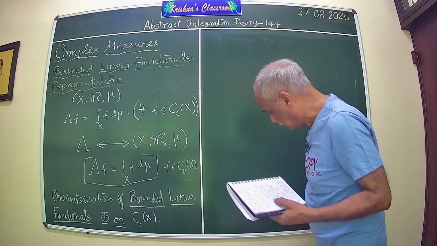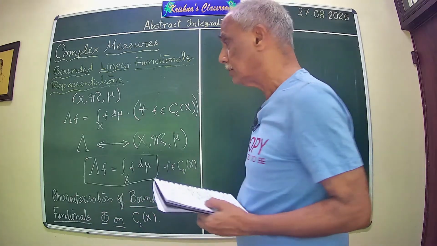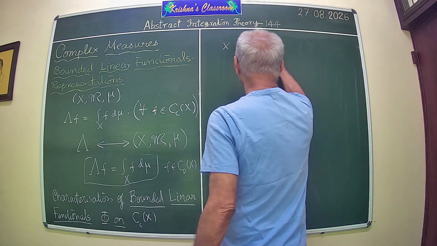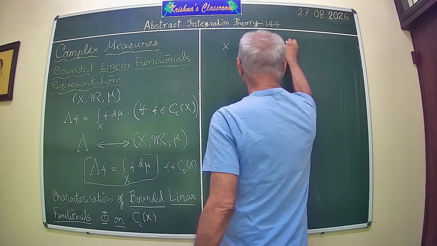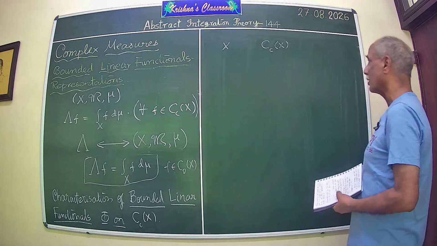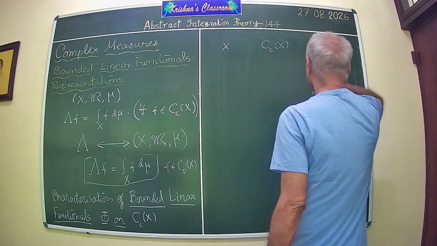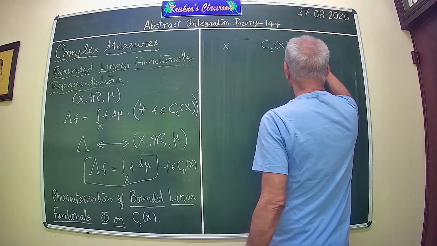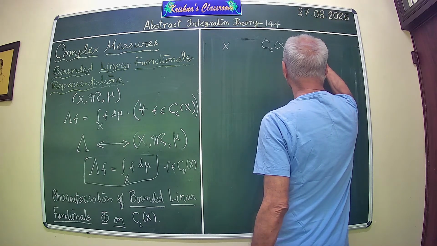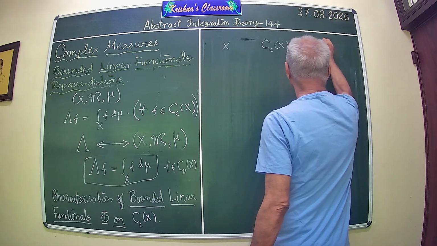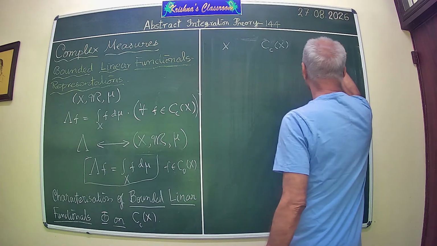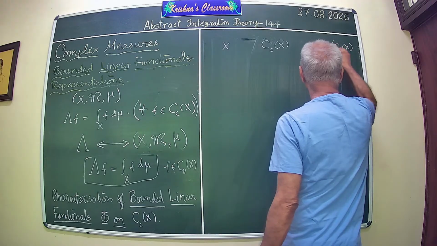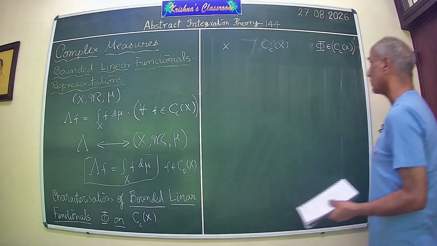So you have three things here. One, X, then you have got CCX, which I will argue soon that we can work on C naught X, and then you have got the class of bounded linear functions.